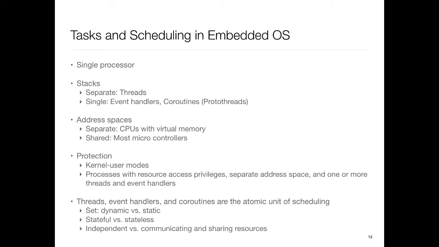To give you an example, intuition would suggest that if I make a processor faster, then I can only do better, in the sense that if I was meeting all my deadlines, then I will continue to meet all my deadlines if I made the processor faster.